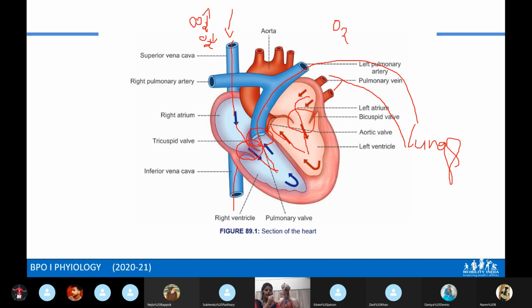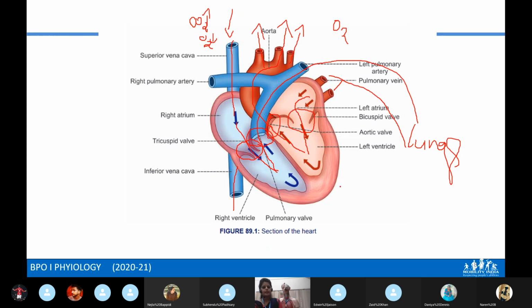When the heart contracts, it gives maximum force so that blood will be pushed out from the ventricle. With that force, the blood passes via the aorta and goes out, supplying different parts of the body with the help of the aortic valve.